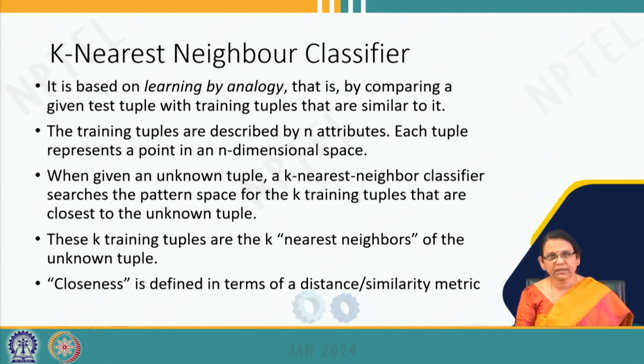Here again the training tuples are described by n attributes. Each tuple represents a point in the n-dimensional space. Given an unknown tuple, a k nearest neighbor classifier searches the pattern space for the k training tuples that are closest to the unknown tuple. Which means this new item will be compared to all the items that the user has seen in the past, to find out whether the user is likely to like that item or not.